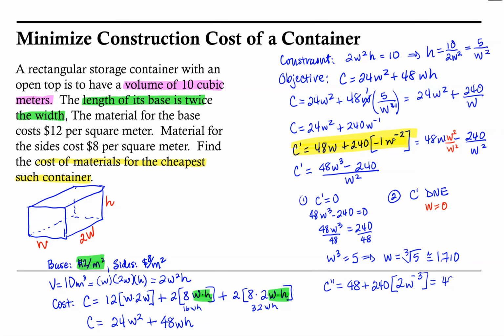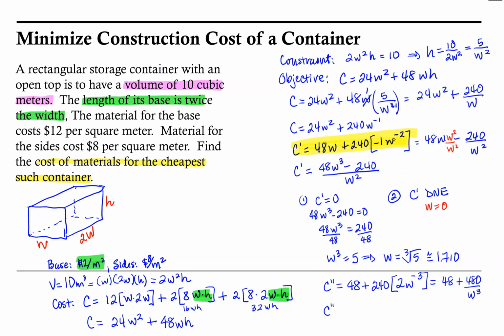So we have 48 plus 480 over w cubed. Now, with the second derivative test, recall that all we're interested in is whether the second derivative is positive or negative at the critical point.